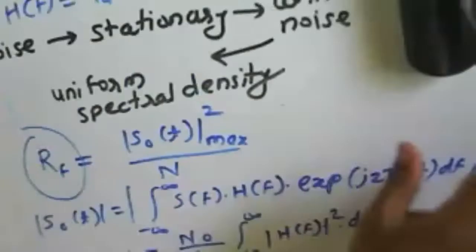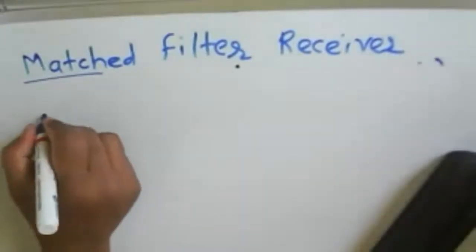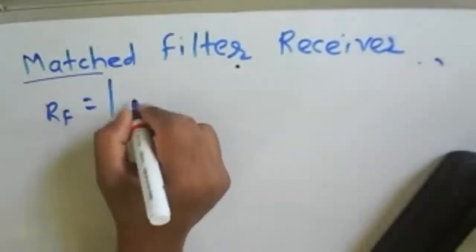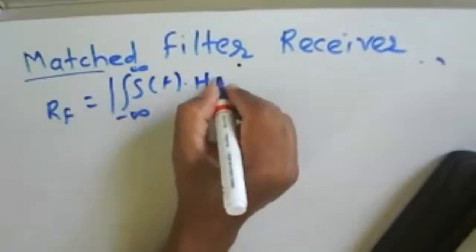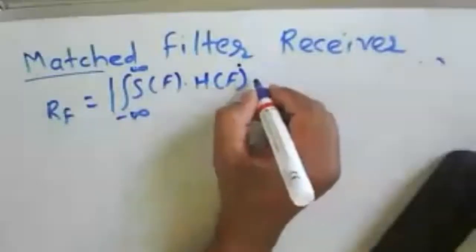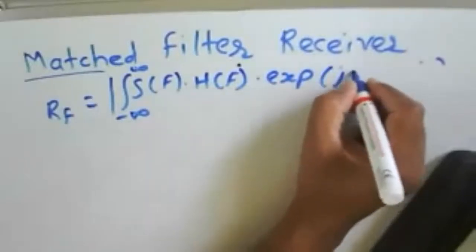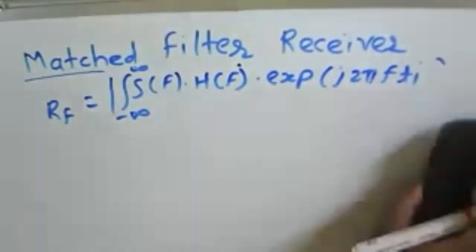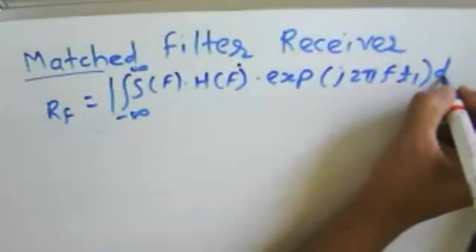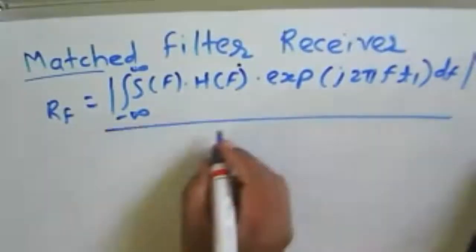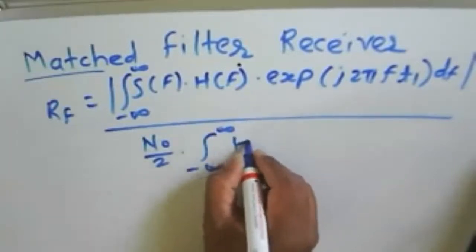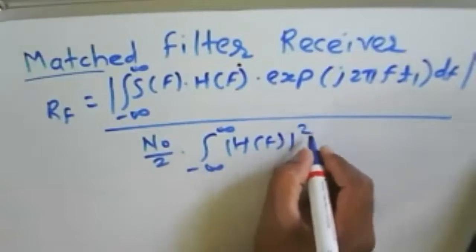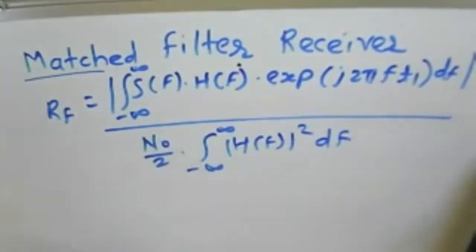We'll rewrite it by substituting the equation. We get R of f equal to the mod of the integral from minus infinity to plus infinity of S of f, h of f, exponential of j twice pi f t1 df, divided by n0 by 2 times the integral from minus infinity to infinity of mod of h of f squared df. This is R of f.